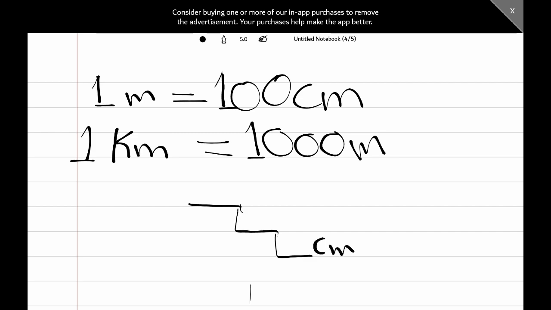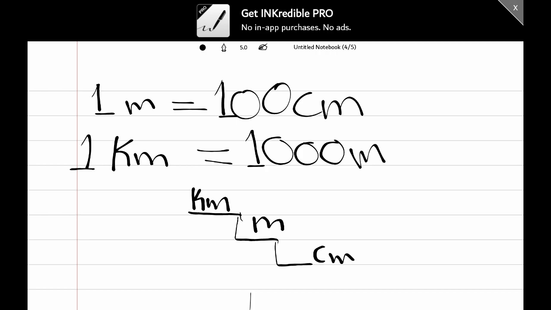We use it to measure the smallest or the shortest things. The unit that comes right after centimeter is meter, and the bigger unit that we know until now is kilometer. For sure there are bigger units and you will get to know them in upper grades, but now this is the biggest unit we know.